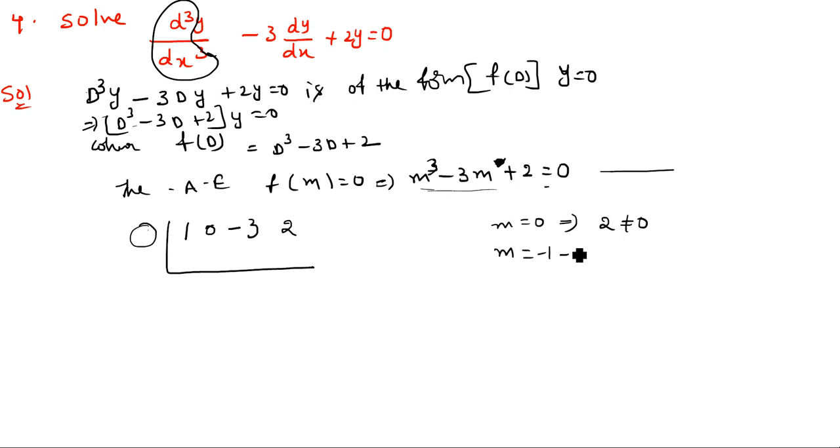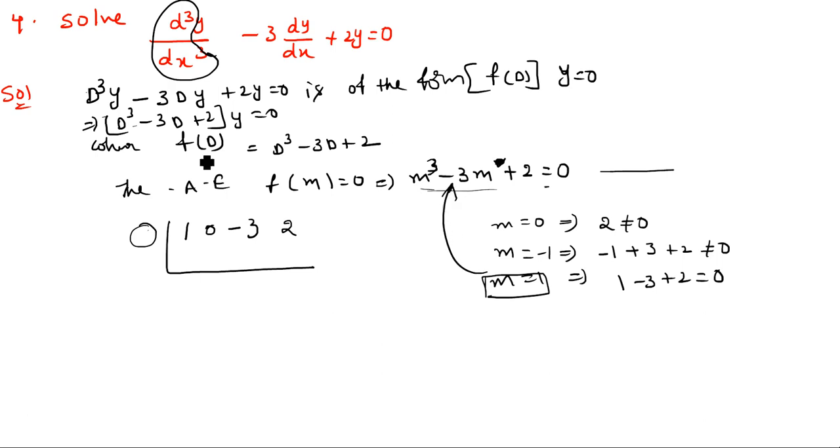Take m equals to minus 1: minus 1 plus 3 plus 2, which is not equal to 0. Take m equals to 1 and substitute: 1 minus 3 plus 2, which equals 0. So m equals to 1 is satisfying. Put m equals to 1 here and start the synthetic division.